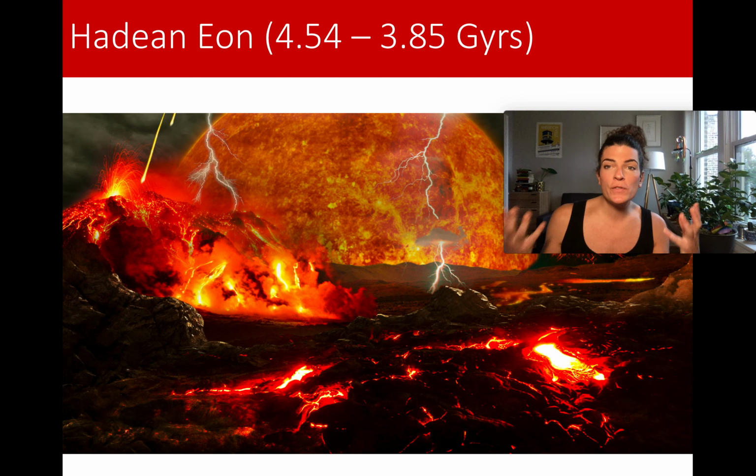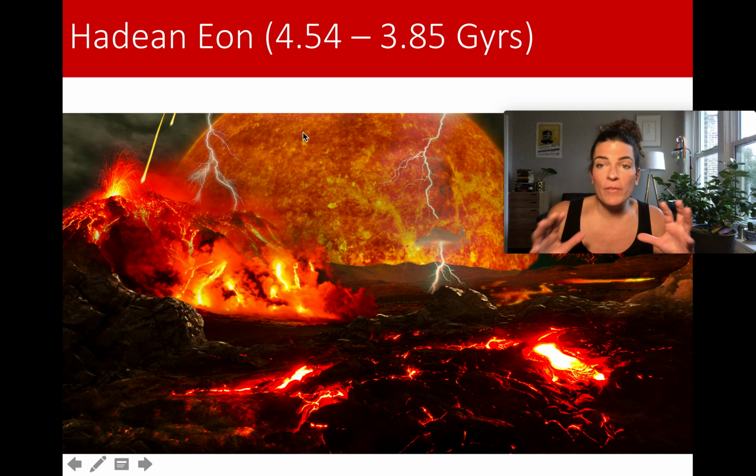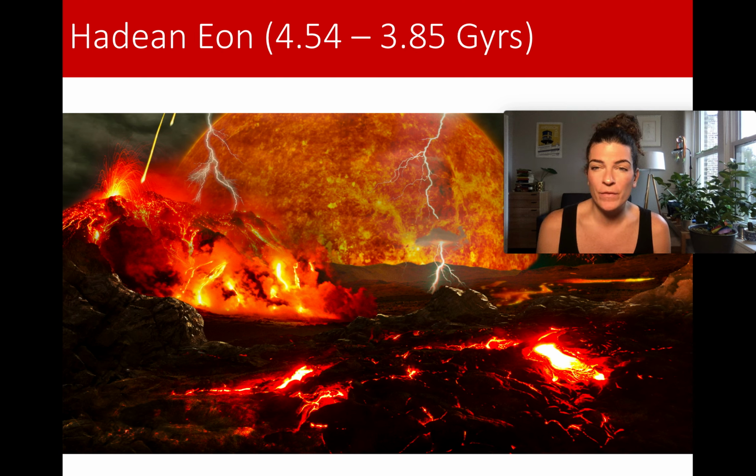So when Earth first formed 4.55 billion years ago or so, that period of Earth's history for the first 750 million years or so was known as the Hadean Eon. And as far as we know, no life lived on the Earth. The Earth was a hot and tumultuous rock with many fissures, volcanoes, and cracks where magma and hot lava would come pouring out.